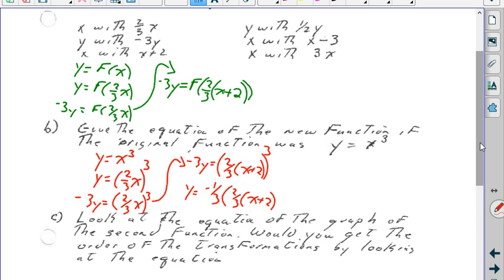I'm going to leave this in factored form all the time, because now I can read what we are going to do here. Vertical reflection, vertical flip, vertical reflection, vertical stretch by 1/3, horizontal stretch by 3/2, the reciprocal of that, and then 2 to the left.